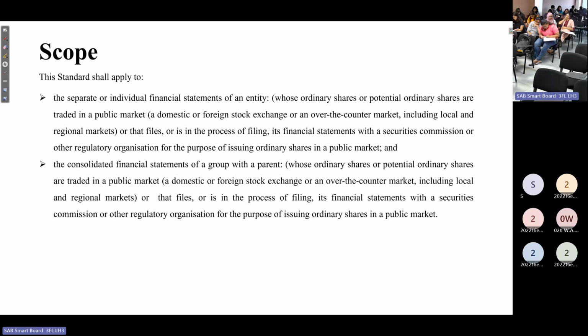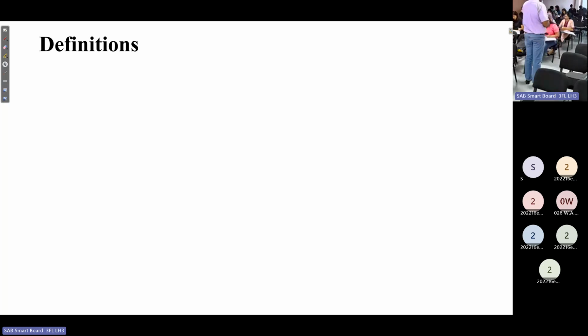Okay, did you write? Okay. Can you please tell me what is a potential ordinary share? Potential, future. What do you mean by potential ordinary share? Any example? Convertible preference shares, convertible debentures.